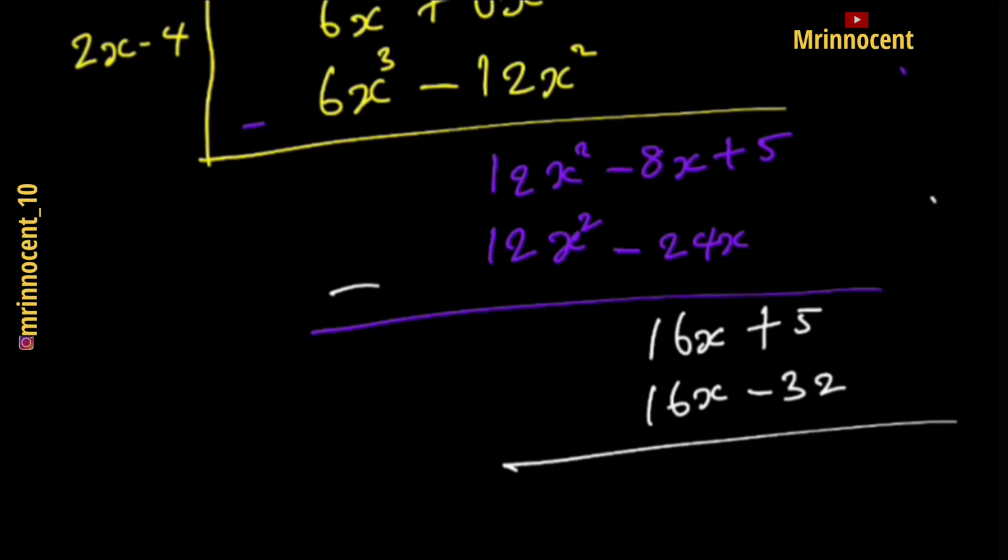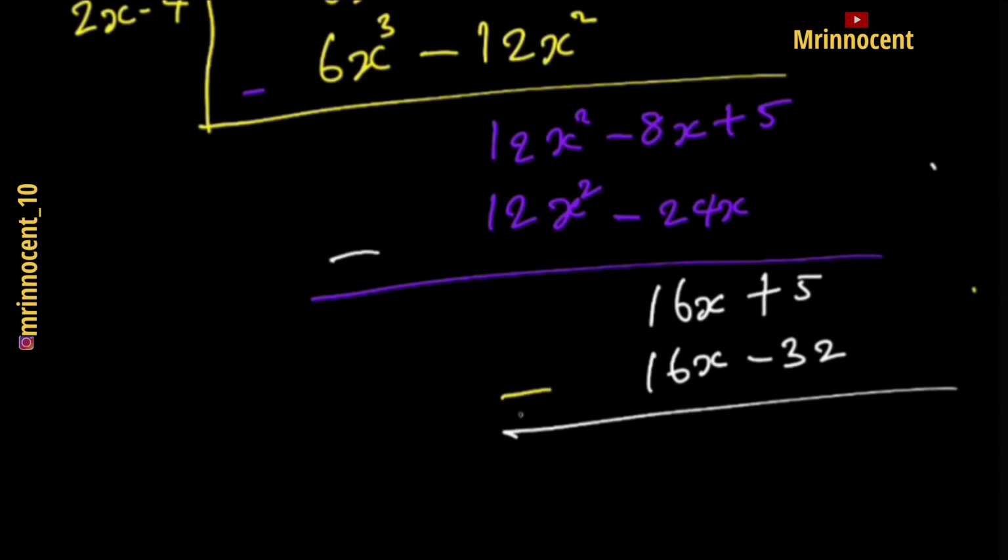You subtract it. So you have 5 minus 32 is minus 37, and 16x minus 16x is 0.